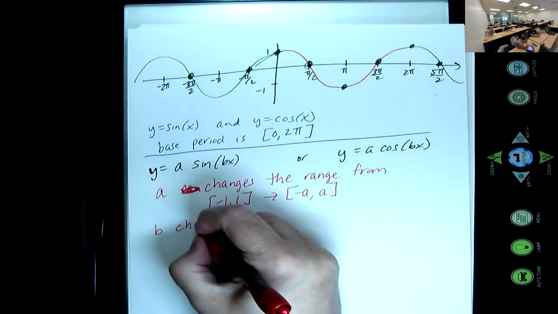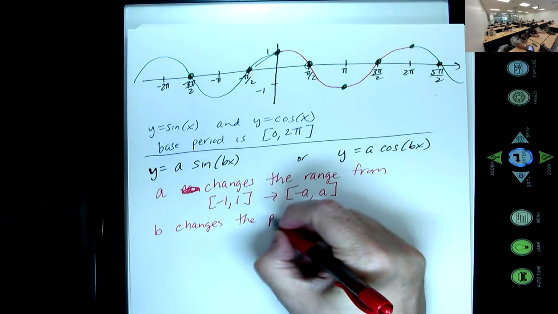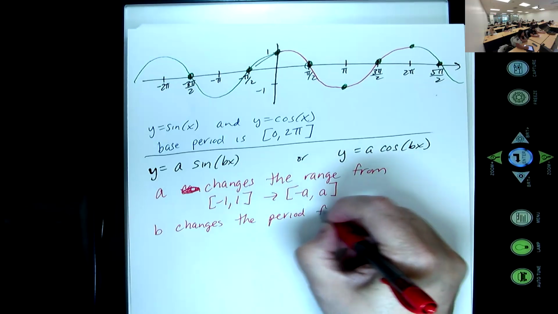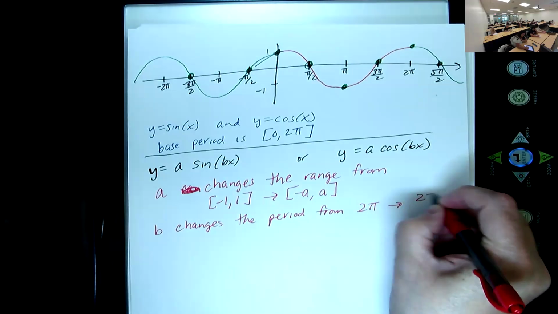B changes the period, from 2 pi to 2 pi over b.